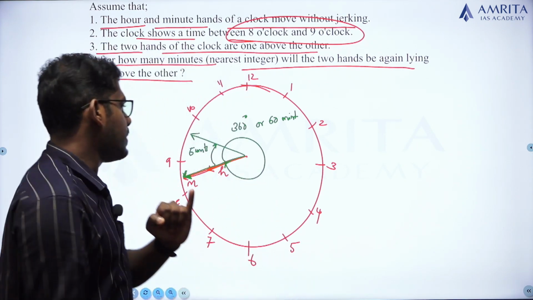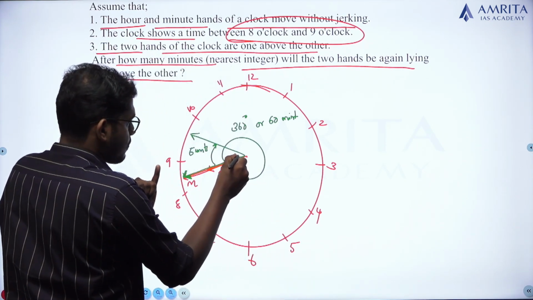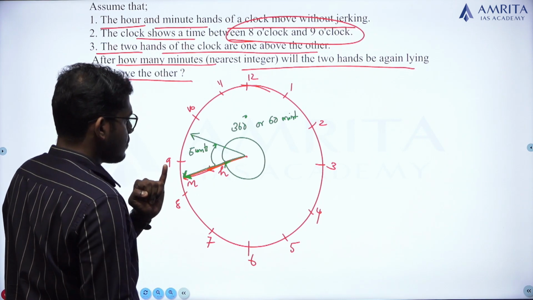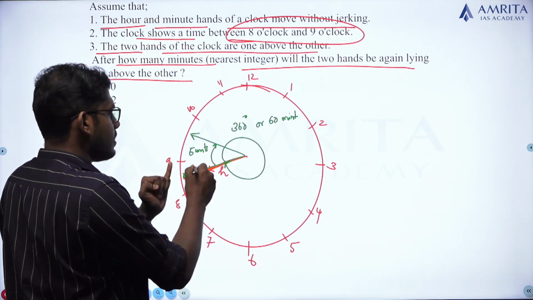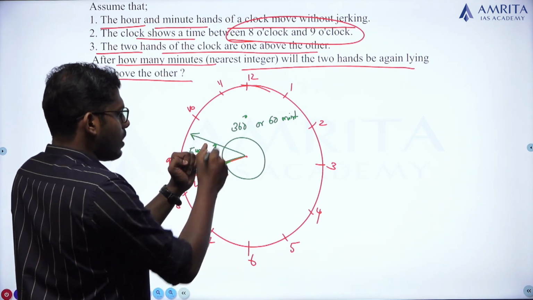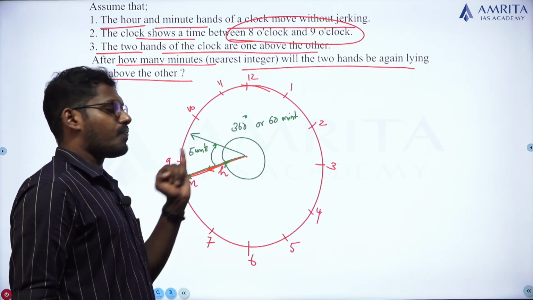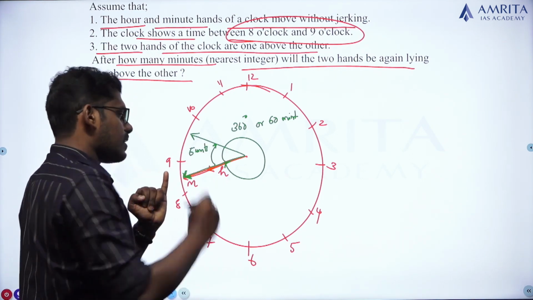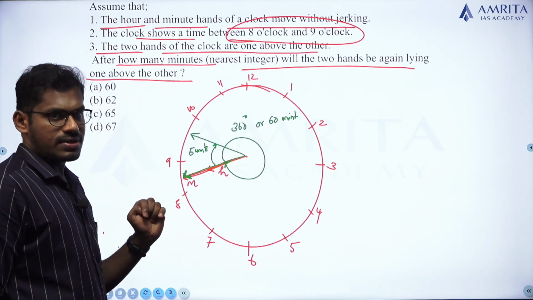So after 60 minutes, the hour hand should have moved 5 units, but the minute hand lies here after 60 minutes.